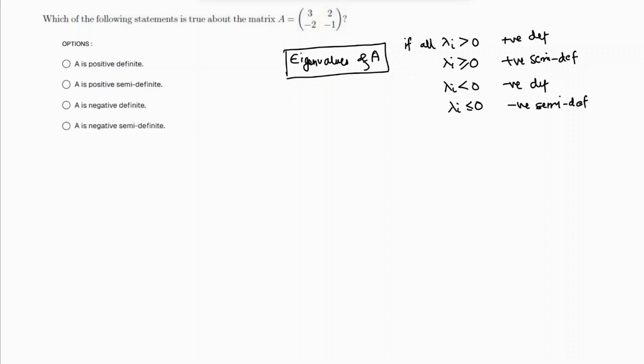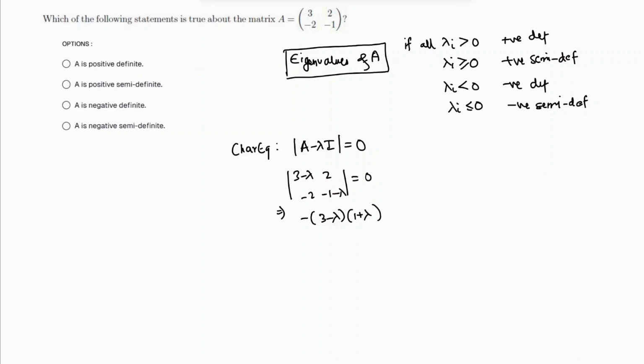So we can write the characteristic equation of A in order to find the eigenvalues of A. The characteristic equation will be nothing but the determinant of A minus lambda I set to 0. That will be the determinant of the matrix with entries 3 minus lambda, 2, minus 2, and minus 1 minus lambda, set to 0, which I can write as negative of (3 minus lambda)(1 plus lambda) plus 4 equal to 0.